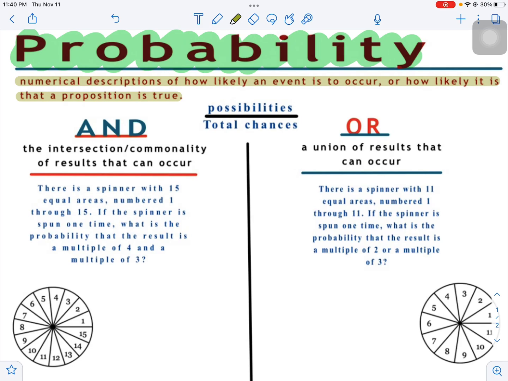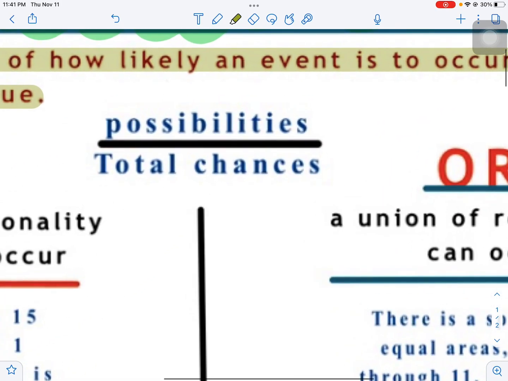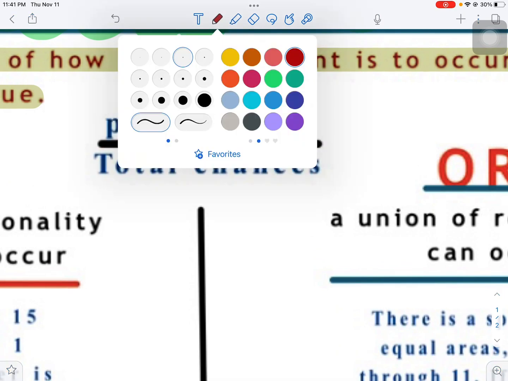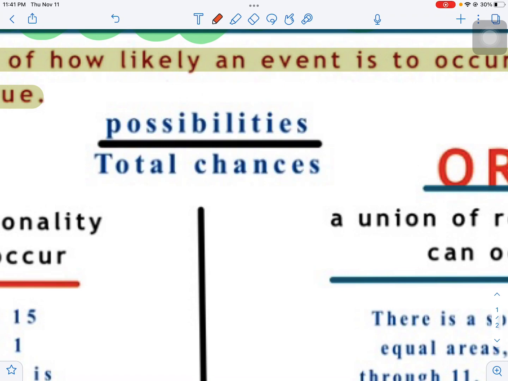So pretty much it means what are the chances that something might happen, right? What is the probability? So we are going to look at this fraction here. This is called a fraction.